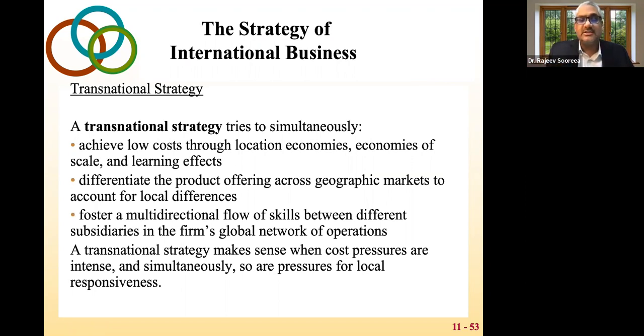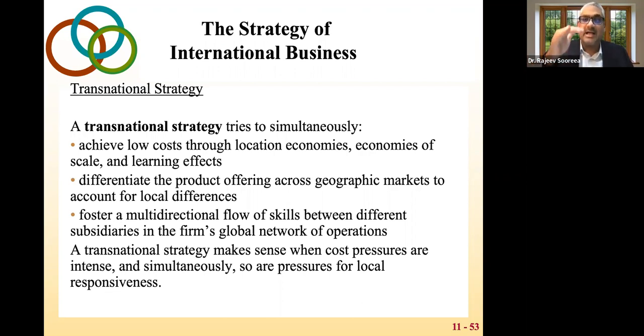So a transnational strategy makes sense when cost pressures are intense. At the same time, pressures for local responsiveness are intense as well. So an example here would be Walmart. Walmart wants to provide cheap products, right? Very affordable to pretty much everyone. So they have to compete with a lot of people out there, right?